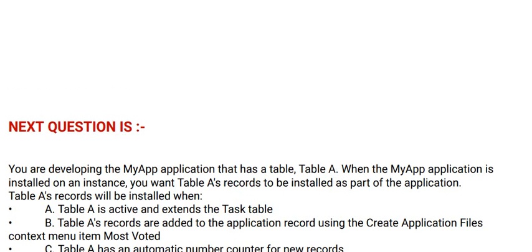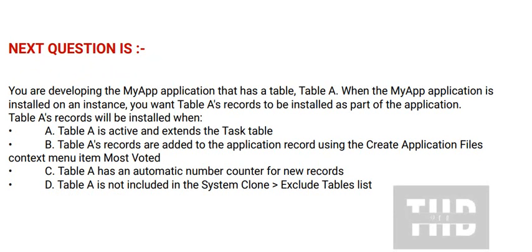Next question is, you are developing the MyApp application that has a table, Table A. When the MyApp application is installed on an instance, you want Table A's records to be installed as part of the application. Table A's records will be installed when option A, Table A is active and extends the task table.